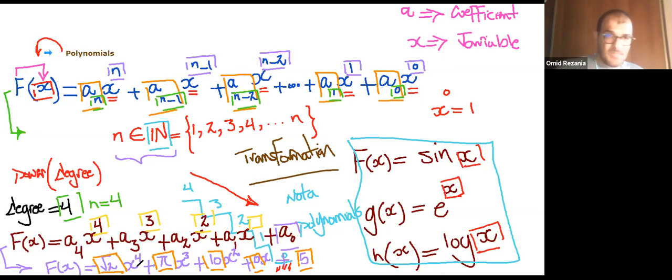But the thing which I have to highlight before I go to the next page is this. Guys, again, remember, the powers of your polynomials, these ones which I highlighted in red, should be natural numbers. And that's very important.